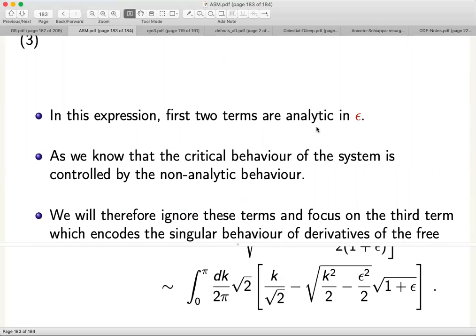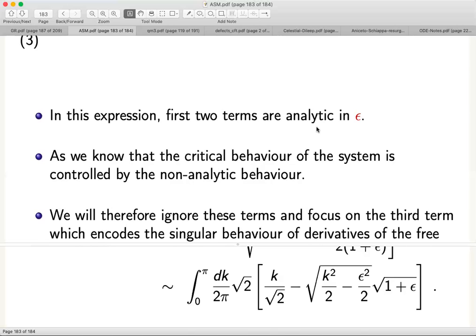The analytic terms would depend on how the Hamiltonian is defined, and it may be some set of quantities for, say, the liquid gas phase transition, but some other set of quantities for, say, the Ising model, or some third set of quantities if it was, say, a binary alloy. But the non-analytic behavior is not like that. For all these three systems, since all of them belong to the Ising model universality class, the non-analytic behavior would be exactly the same.